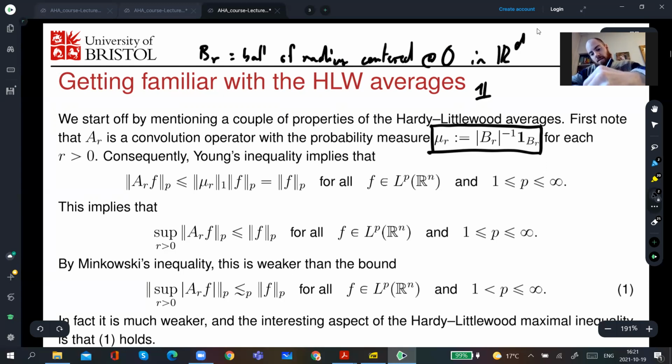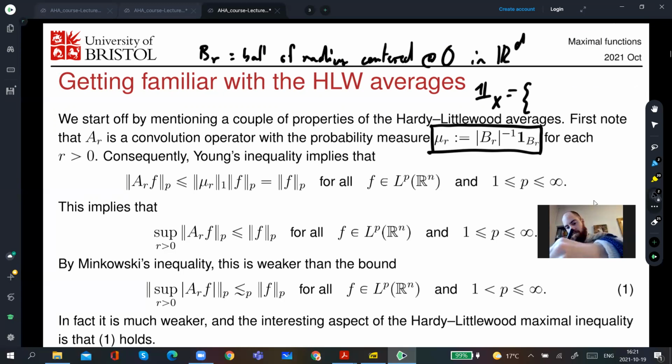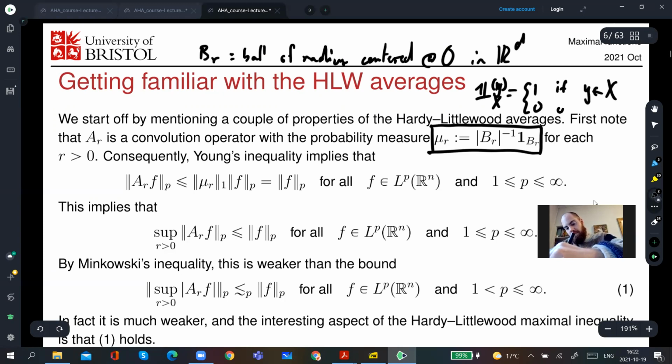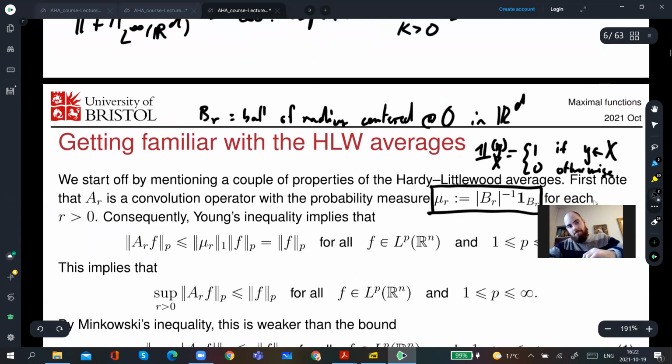And 1 of X for any measurable set X, or really any set, is just going to be 1 at a point, let's say y, if y is in X, my set, and 0 otherwise.